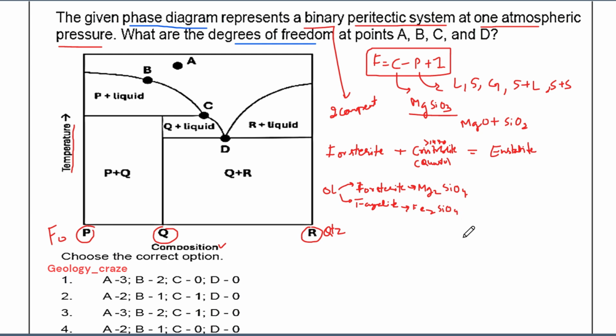Olivine can never occur together with quartz, that you have read in the book. But Mg-rich olivine never occurs with quartz, while phyllite can occur with quartz.